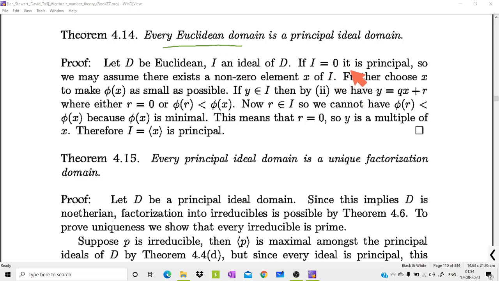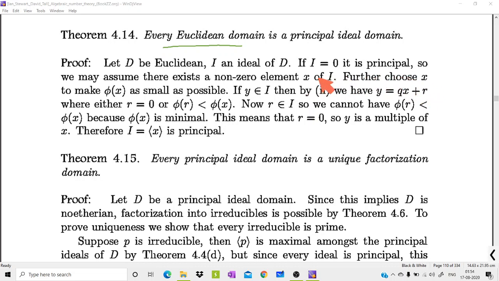If I equal to 0, it is principal because it is generated by 0 itself. Now if I is not equal to 0, we are not considering the trivial case, and we will prove that it is always a principal ideal. A non-zero ideal I contains at least one non-zero element x.